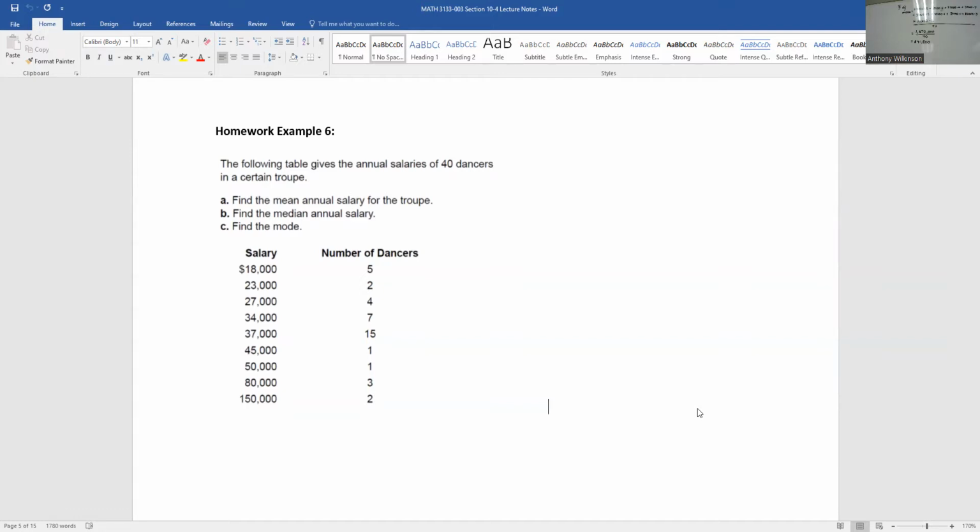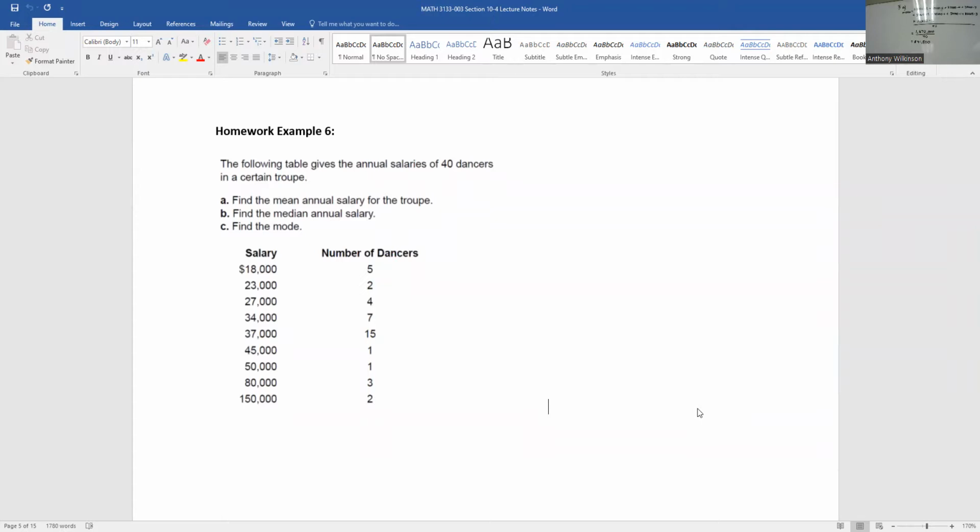So that means somewhere with these 15 dancers, I have the 20th number in this data set, which will have to be, in this case, 37,000. Okay. What was that again?